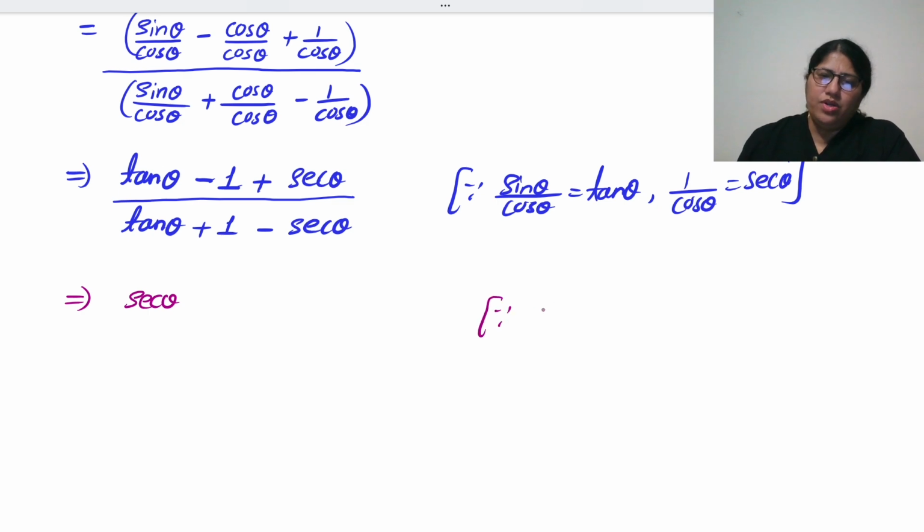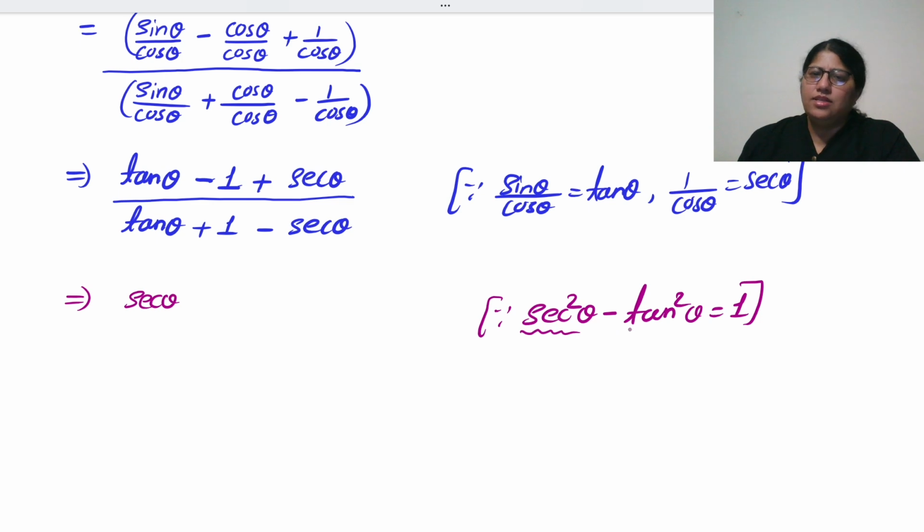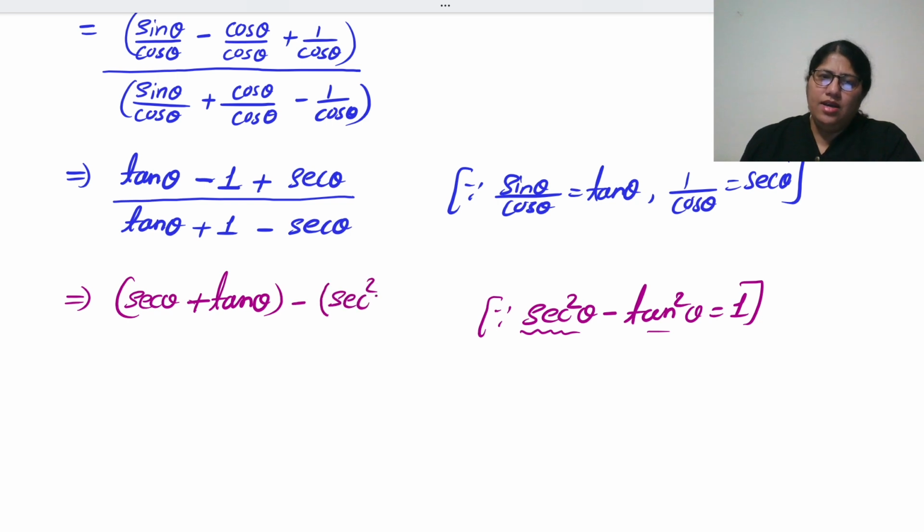I have to remember the other form, the a square minus b square form: sec square theta minus tan square theta equals 1. Now sec theta has come before tan theta, and this is addition, so I can rearrange. I'll write sec theta plus tan theta in one bracket, minus, in place of 1 in the bracket, sec square theta minus tan square theta, right?